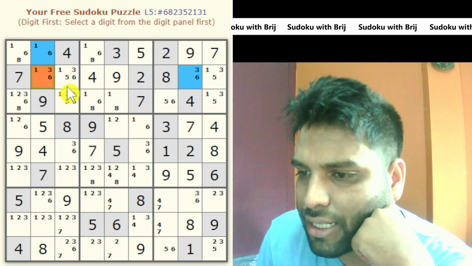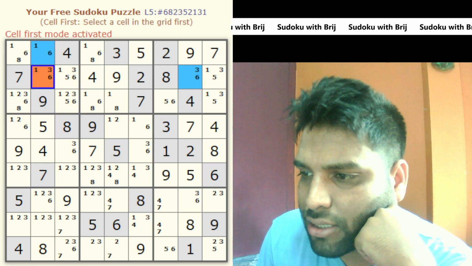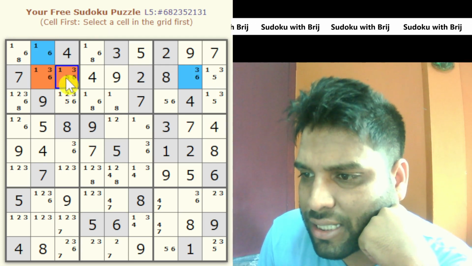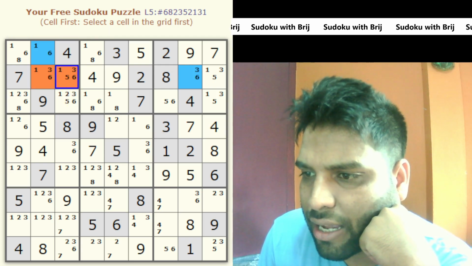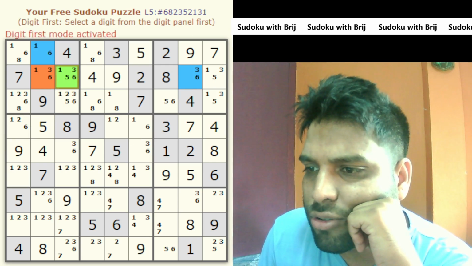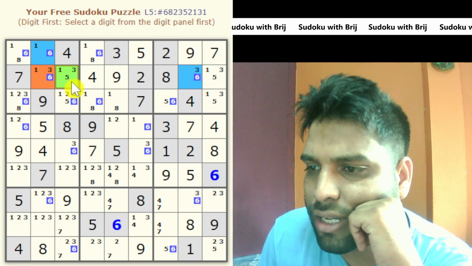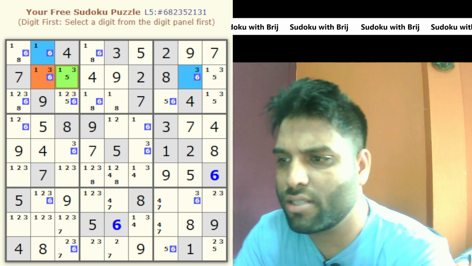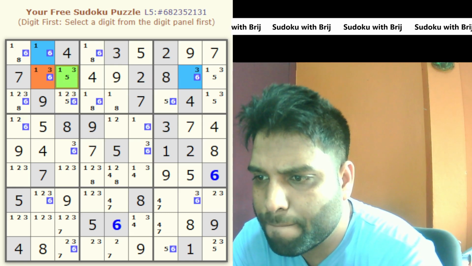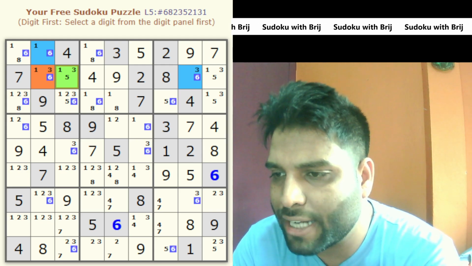So the cell that contains 6 is this cell. I can mark that as green. And now we can remove 6 from there. So this is our XYZ-Wing.